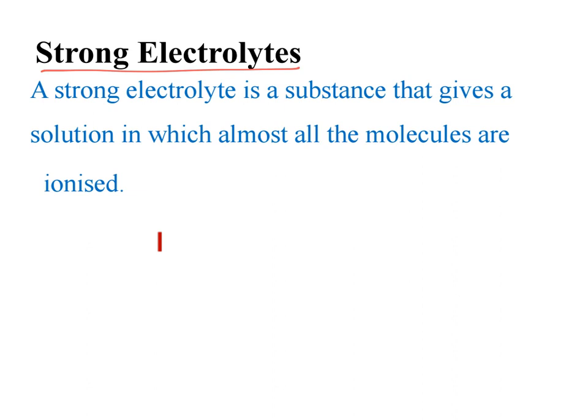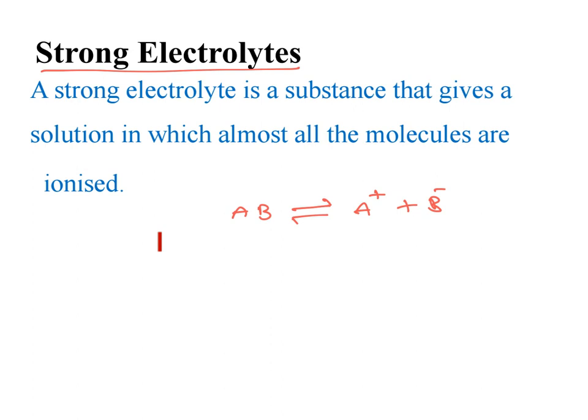A strong electrolyte is a substance that gives a solution in which almost all the molecules are ionized. That means if I take an electrolyte AB which completely ionizes and gives A plus and B minus, let us assume this is almost completely 100% ionization, and those substances we call as strong electrolytes.